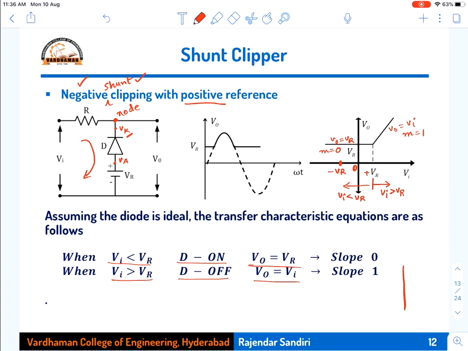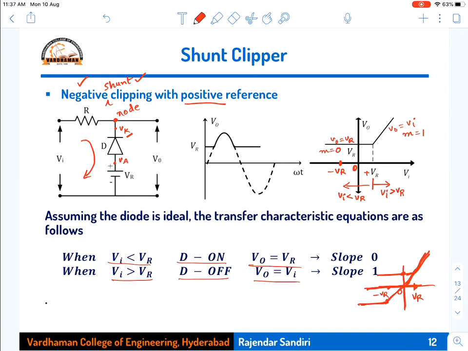Suppose the reference voltage is Vr here, then you will have a graph like this. If the reference value is 0, you may have a graph like this. If the reference voltage is negative, you may have a graph like this. So three things you may get, depending upon Vr, 0, or minus Vr.